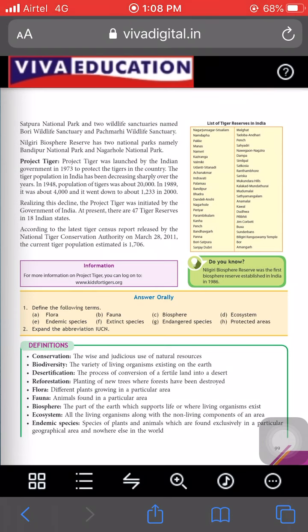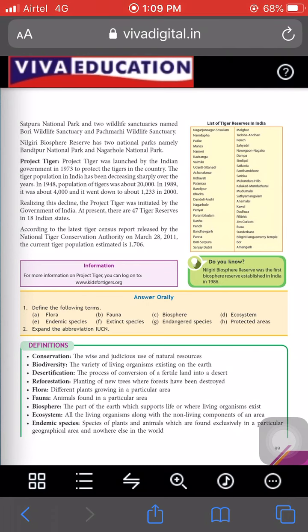Project Tiger was launched by the India government in 1973 to protect the tigers in our country, because there was a sharp decrease in the number of tigers from 1948 to 2000. In 1948 the population of tigers was about 20,000, but in 1988 it decreased to only 4,000, and it went down to only about 1233 in 2000.